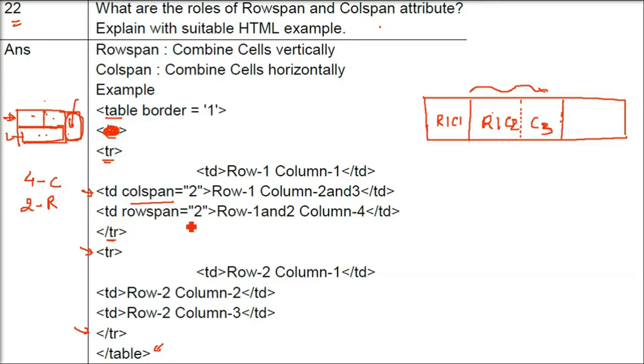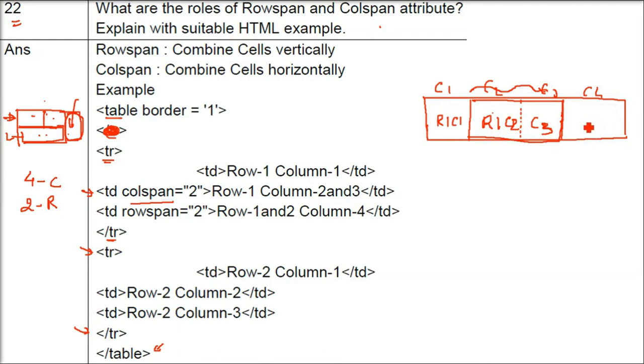Now coming to the third, rowspan is 2. Now rowspan 2, you have row 1 and 2 and column 4. So here 2 rows will be used. The second row we haven't made yet. So this is column 1, column 2, column 3, column 4. You have to use column 4. First thing we have done, colspan two, we have combined two columns, that is horizontally.